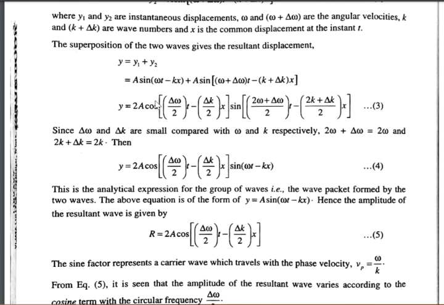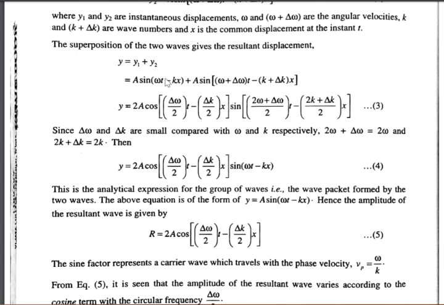The superposition of two waves gives the resultant displacement. From the principle of superposition of waves, we can write y is equal to y1 plus y2, substituting for y1 and y2 from equations 1 and 2. So y1 is a sin(omega t minus kx) plus y2 is a sin((omega plus delta omega) into t minus (k plus delta k) into x).